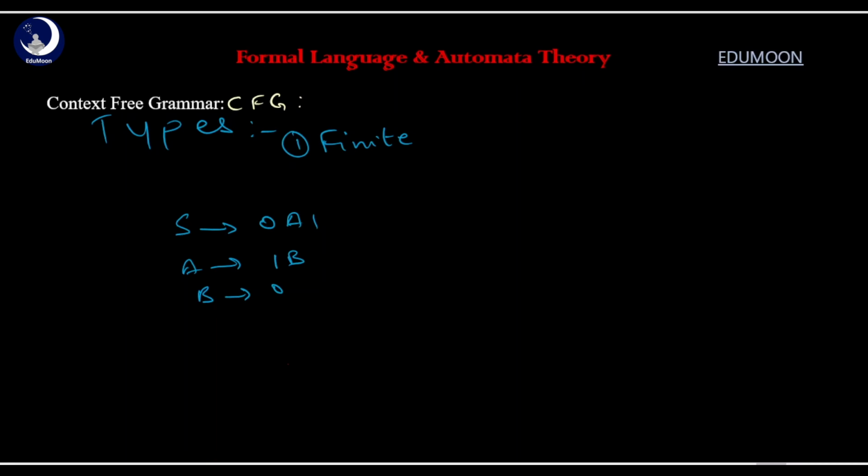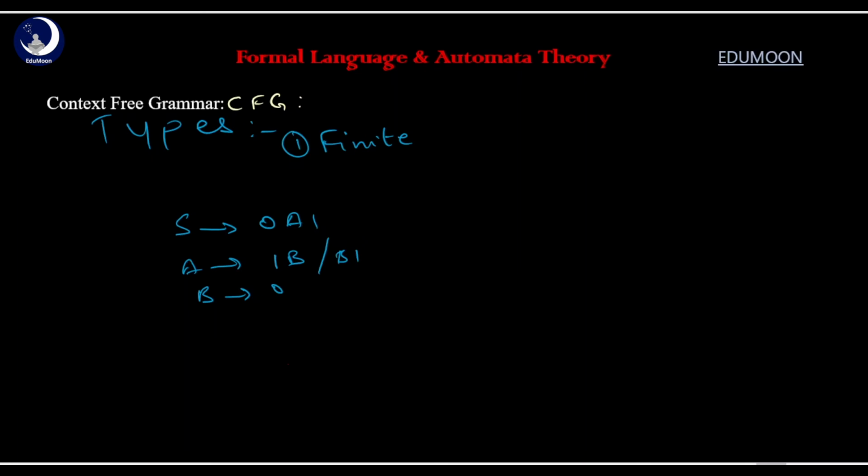Now this grammar generates only one string. So the number of strings generated by this grammar is finite, because no variable is deriving the same variable.